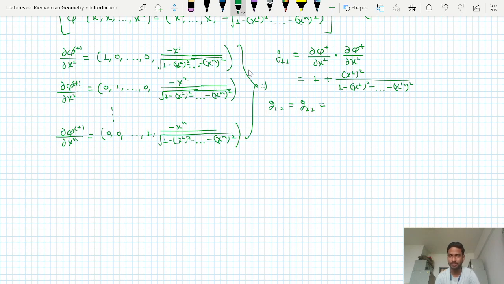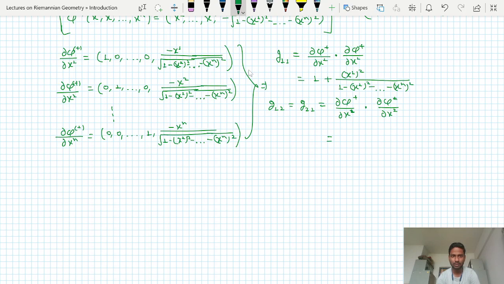Now what will this be? This will be del phi over del x2 dot, sorry, x2 or x1, whatever you write doesn't matter. So del phi over del x1 dot del phi over del x2. If I do the product of this, you will see 1 is getting multiplied by 0, so this will be 0.